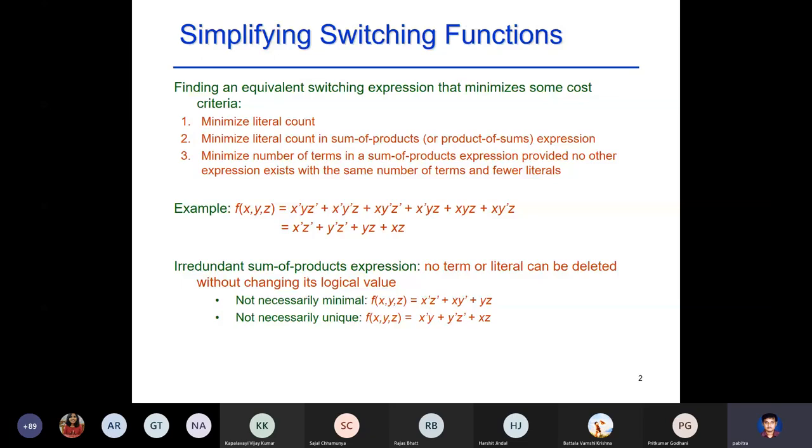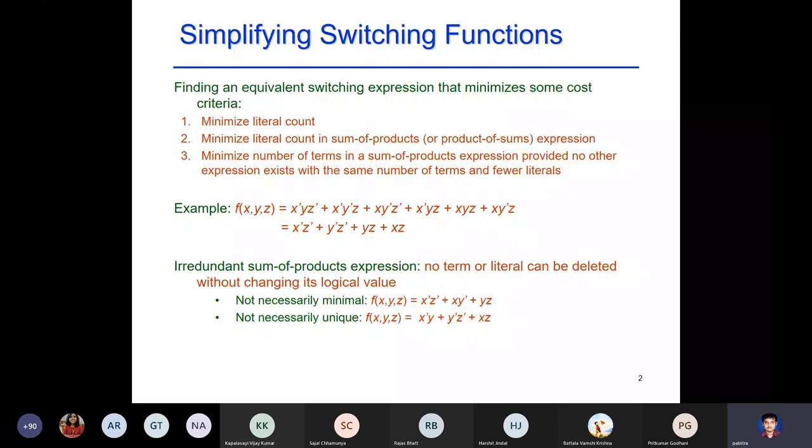Our goal is, given an expression, to convert it into a sum of product form, and we want this sum of product form to be irredundant and if possible minimal. Why sum of product? Because there is a standard circuit implementation of sum of product. You have AND gates followed by an OR gate in the second level. So that's why we have sum of product.